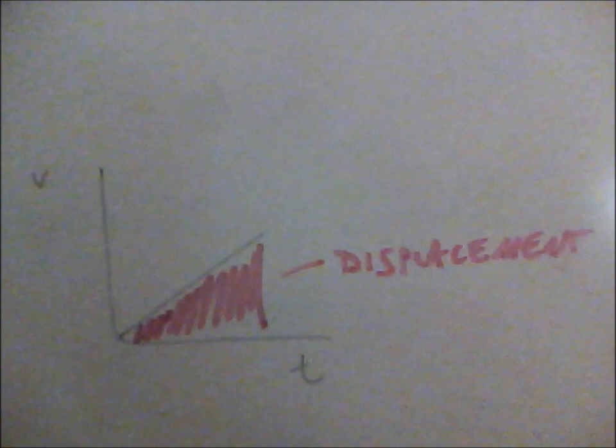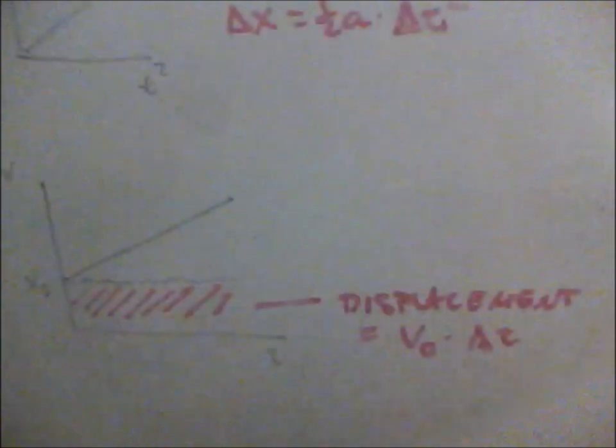So if that's the case, then the displacement of the triangle here also has a value of 1/2 a delta t squared. So here we have a new situation. This is a velocity time graph. The object starts with an initial velocity v0, and then the graph goes up in a straight diagonal line.